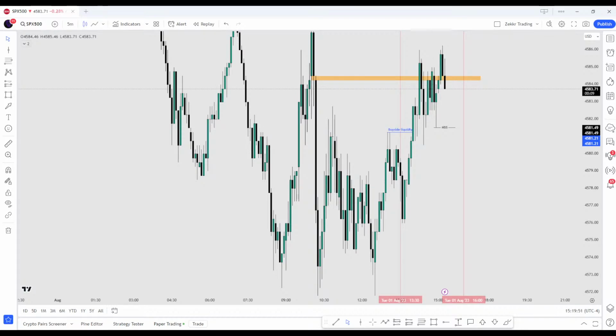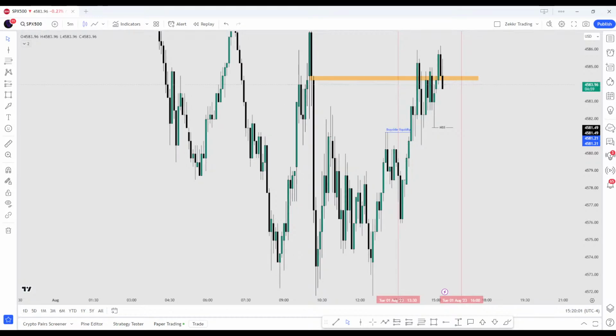If I risk 0.5%, I use 2.5 lots on SPX. I use those two, and if I have some specific stop loss, I just calculate my risk. That's my go-to.